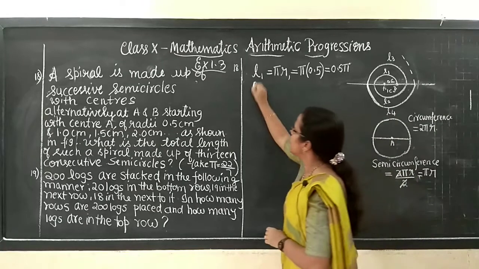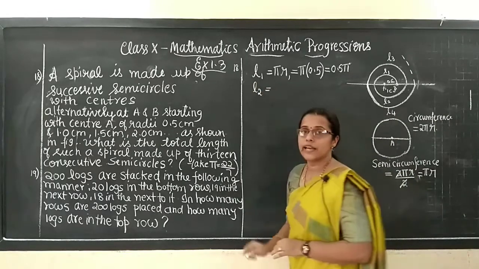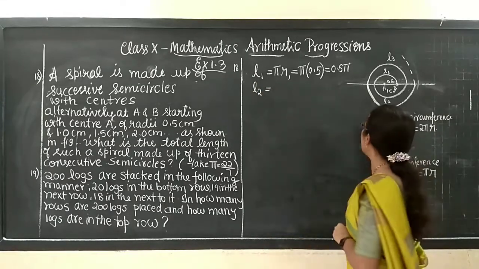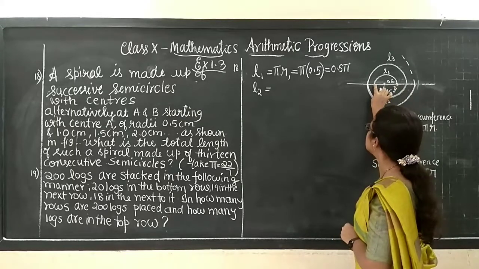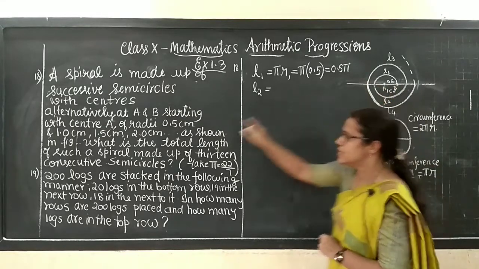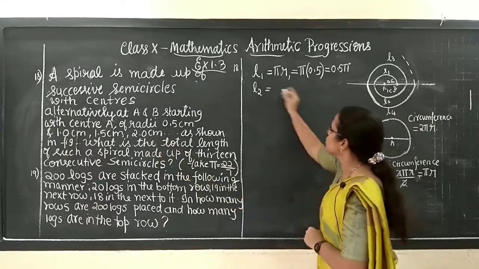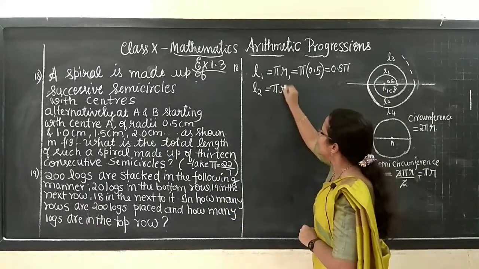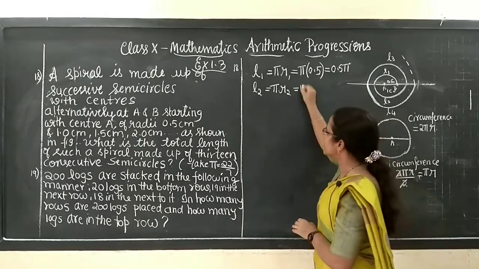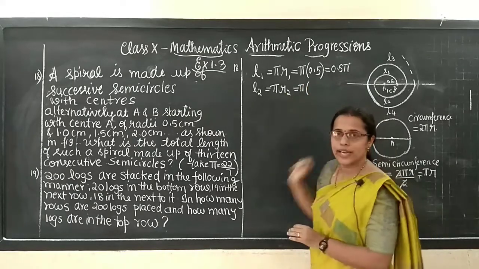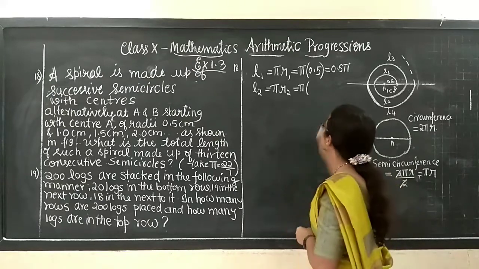Then length of the second semicircle, L2, the center is there. From here to here distance is 1 centimeter. So it is pi into R2, where R2 is radius number 2.